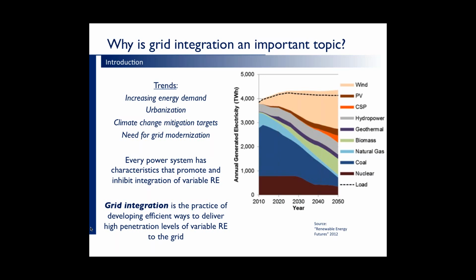So what we focus on a lot here at NREL, and others around the world also take a look at these issues: how can we design and how can we operate the power system in such a way that we can more efficiently integrate renewable energy? And when I say efficiently, we want to do it at least cost, and we want to do it according to some reliability target, which can be set by different countries based on policy decisions.